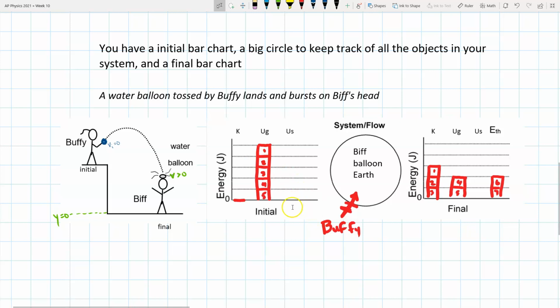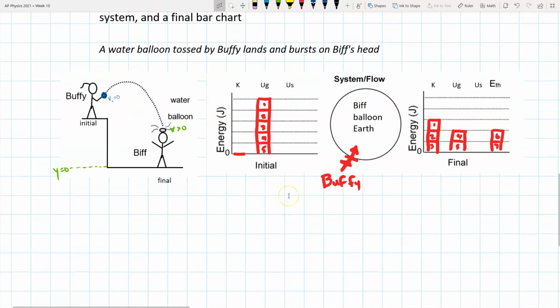Now, if we wanted to talk about what is actually going on here, the nice thing this does is it lets us write out our energy equations. So remember, if energy is conserved, if we add together, if we net all the initial energies, that should be equal to the net of all the final energies.